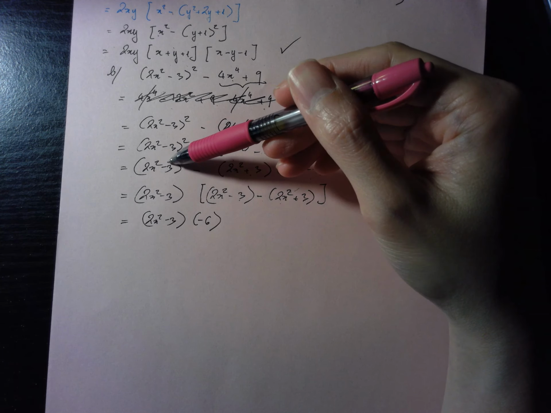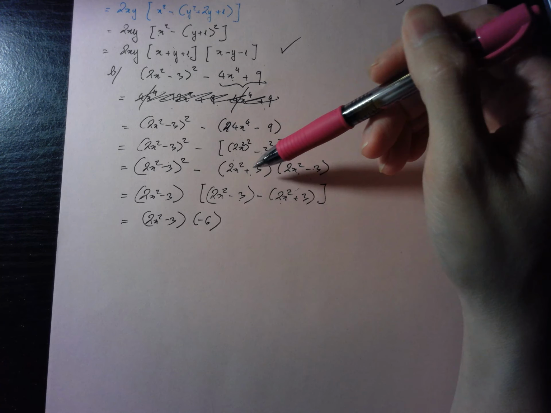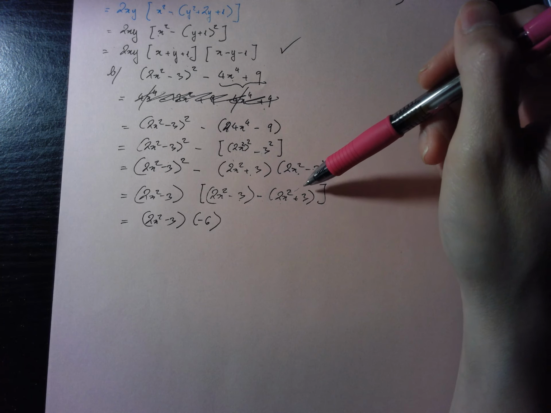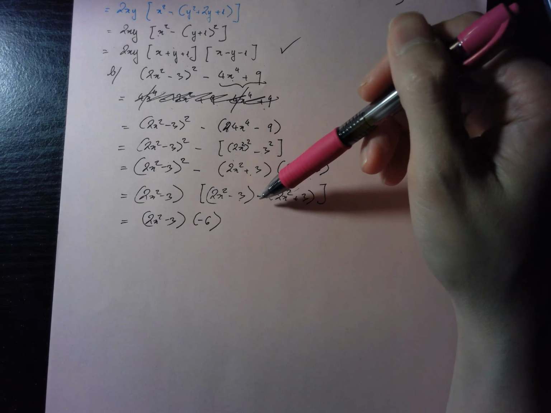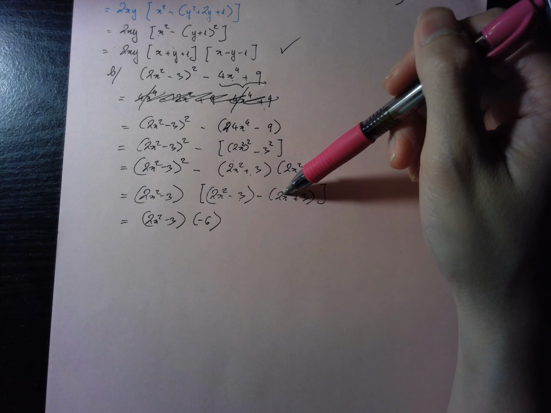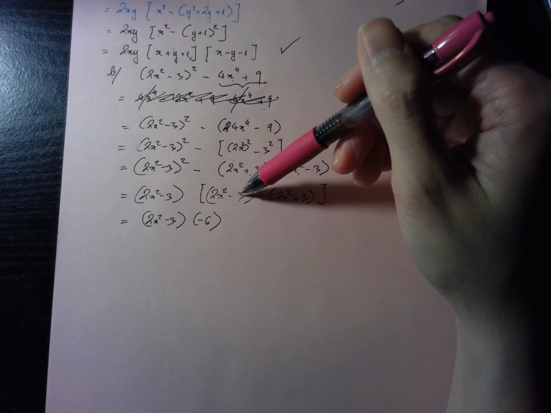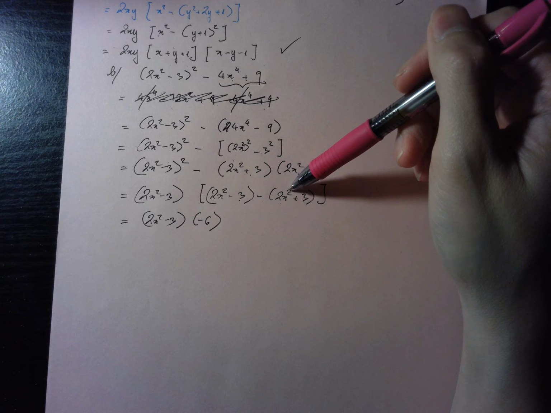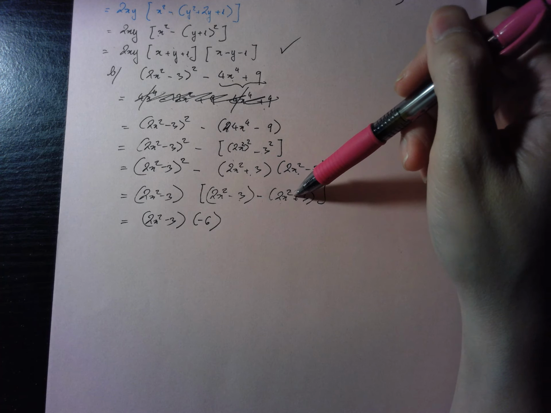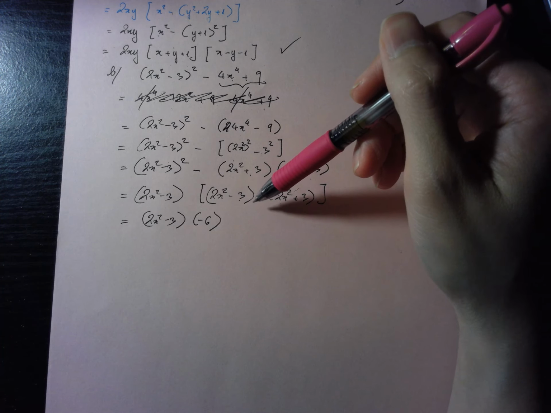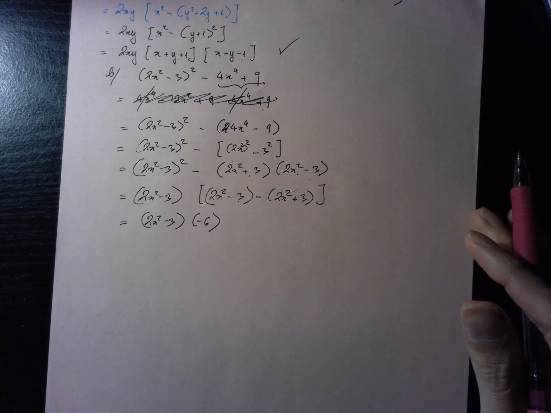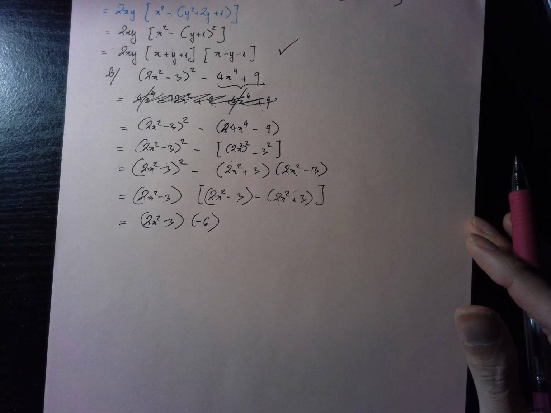So you have 2x² minus 3 minus 2x² plus 3. So I distribute the minus. So 2x² minus 3 minus 2x², so the 2x² cancels out, minus, so it becomes minus 6. Oh yeah, so this should be good now.